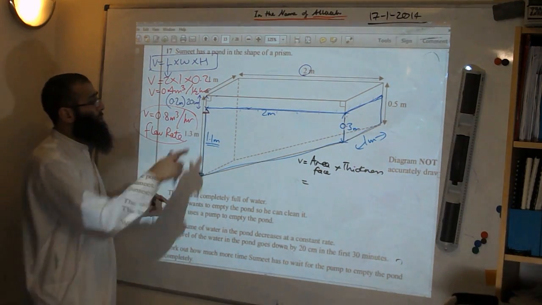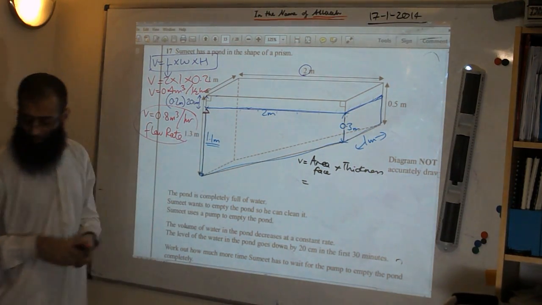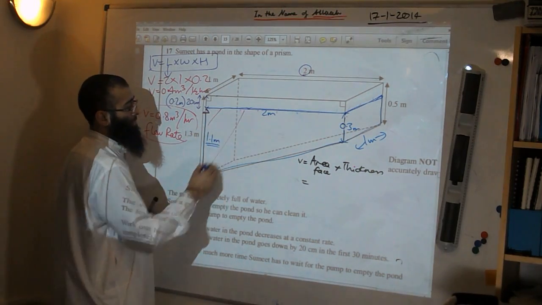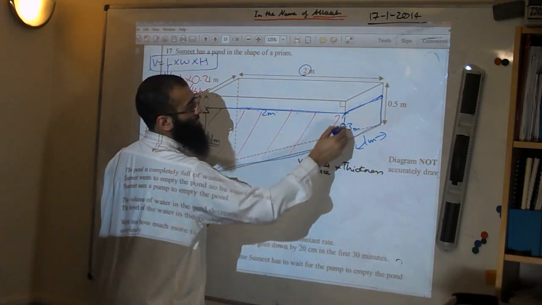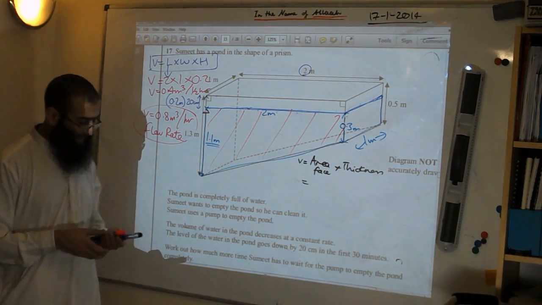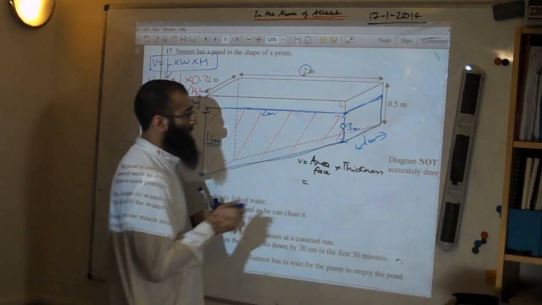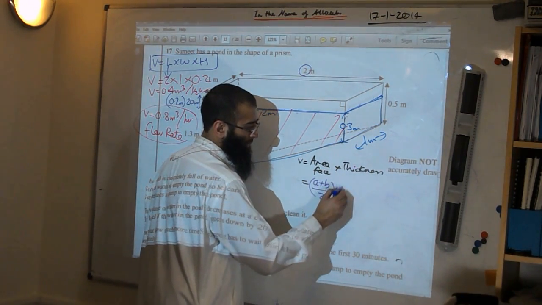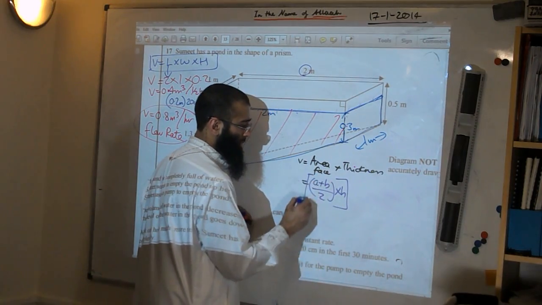Now the area of the face, here's the face. This is the face. Now the face is a trapezium. Who knows the formula for the area of a trapezium? Don't all shout out at once. A plus B divided by 2 times the height.